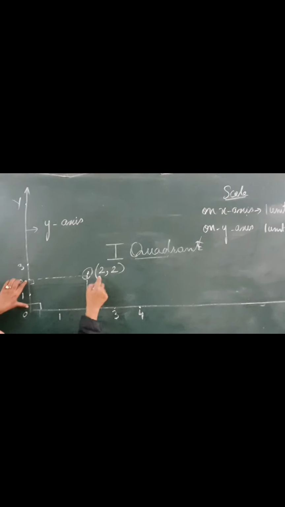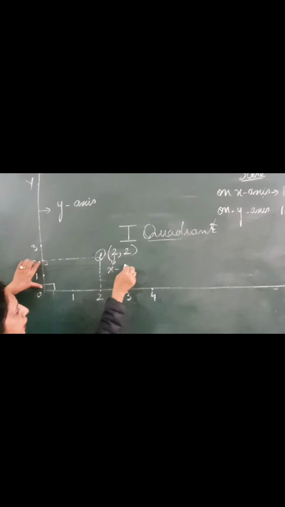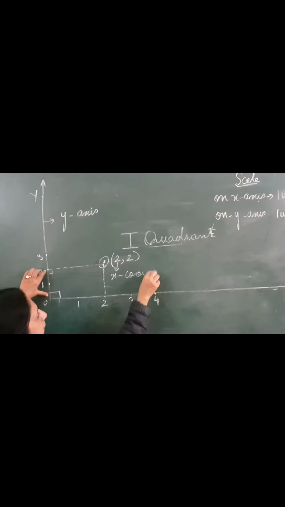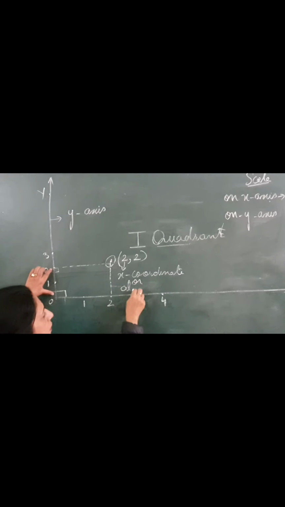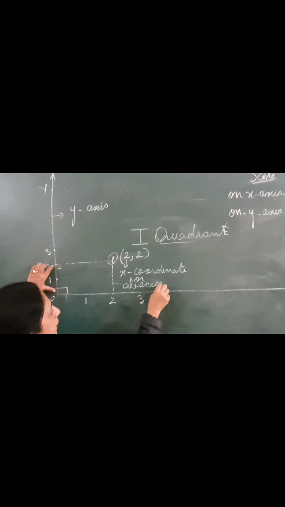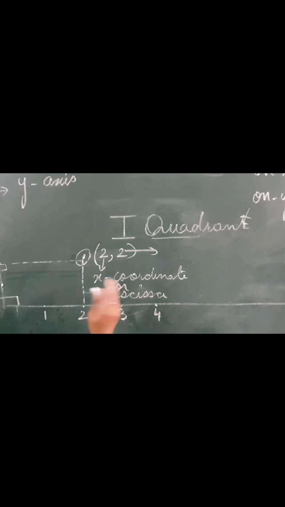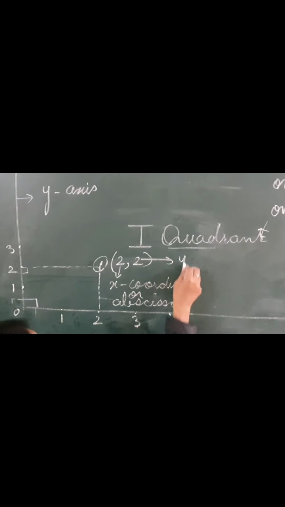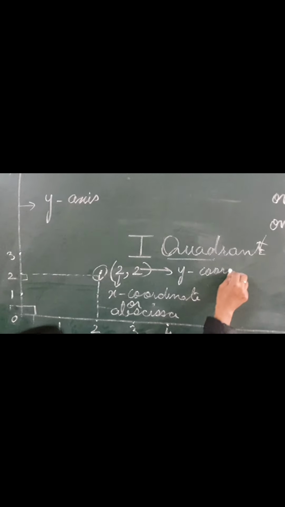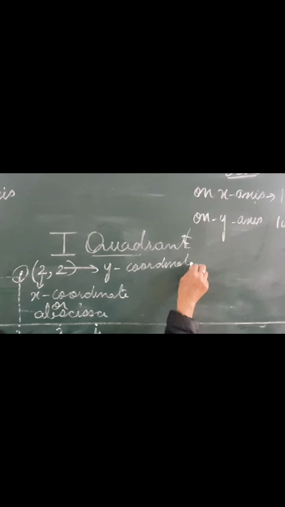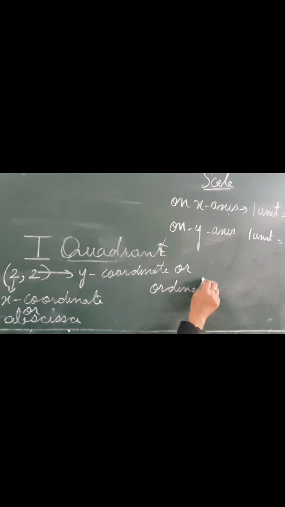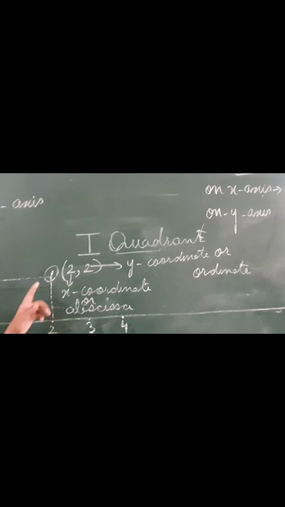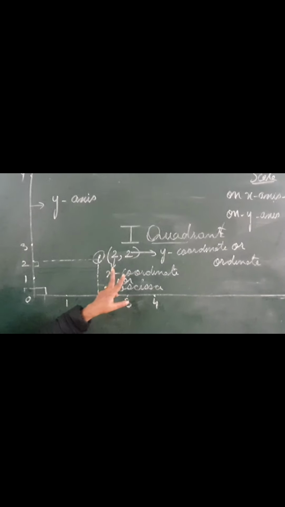Now the first one is called the x coordinate or abscissa, and the number written later, or the distance written later, is called the y coordinate or ordinate. So every point has two coordinates.